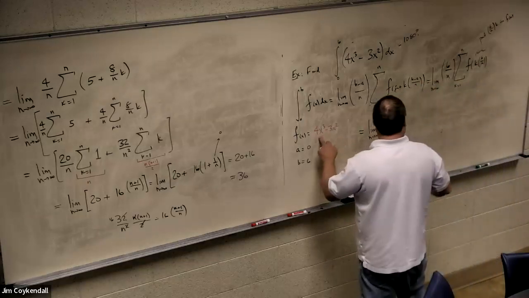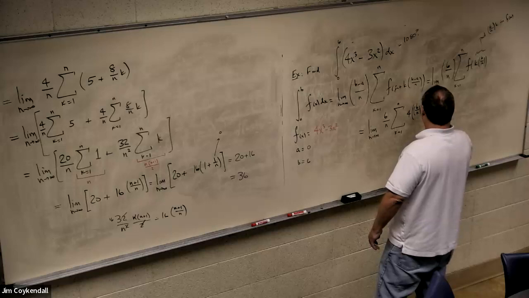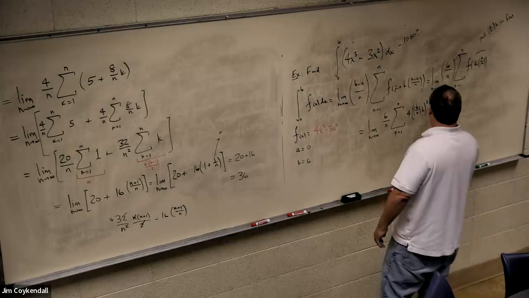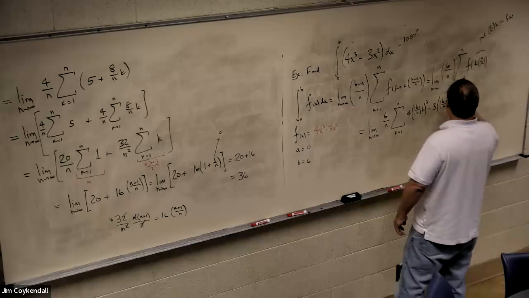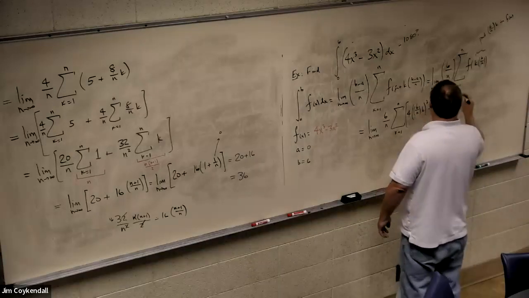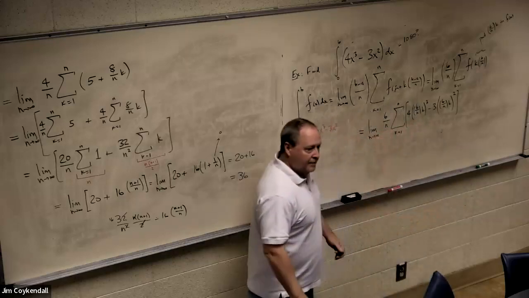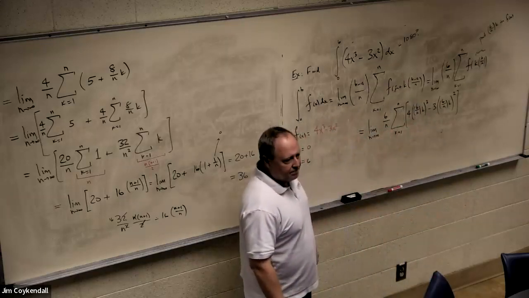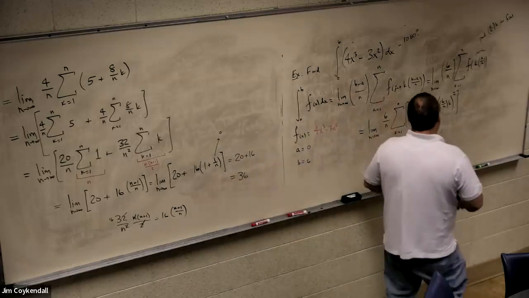So it's going to be 4 times 6 over n k cubed minus 3 times 6 over n k squared. Gosh, what a mess.